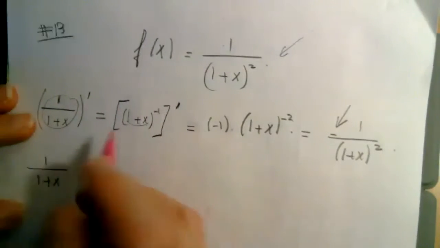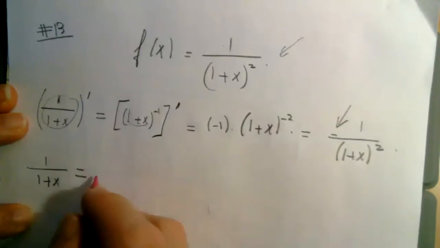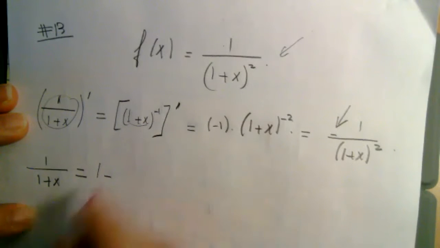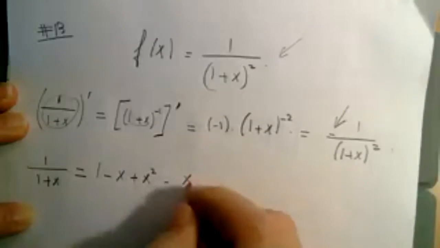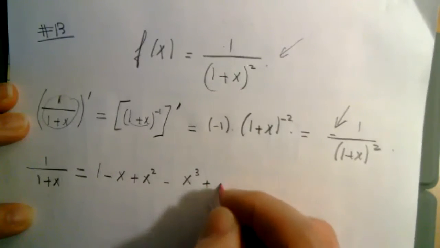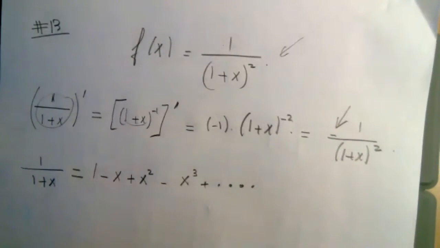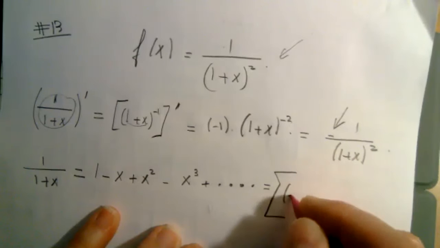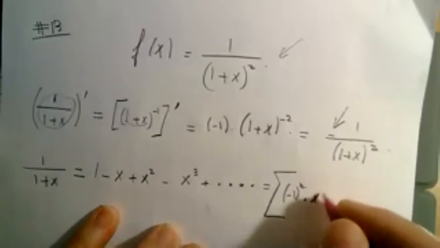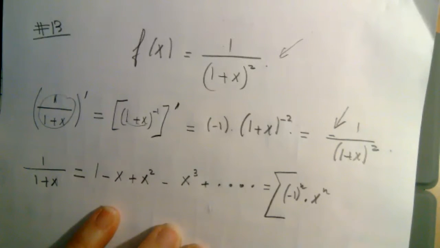So I'll start with 1 over 1 plus x, and this is equal to 1 minus x plus x squared minus x cubed plus dot dot dot. In sigma notation, that's the sum of minus 1 to the n, x to the n, with n going from 0 to infinity.